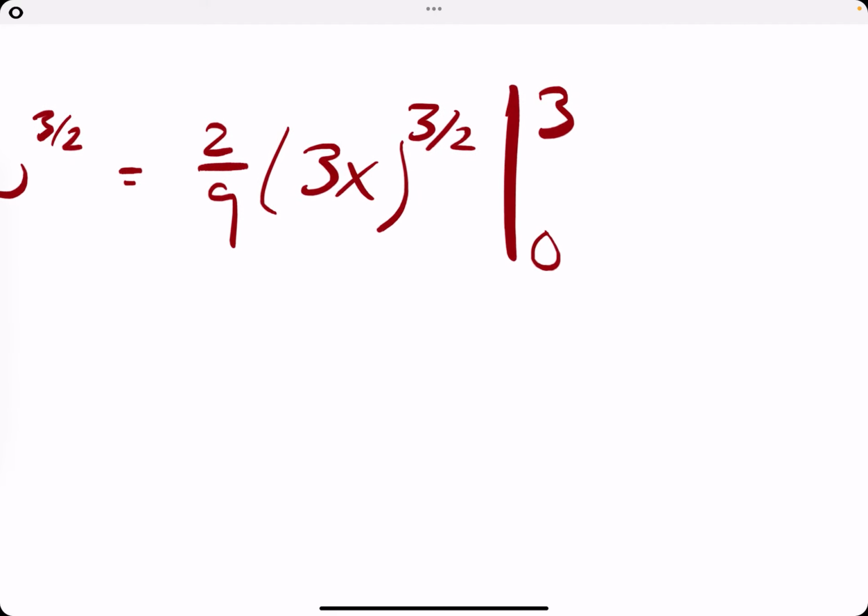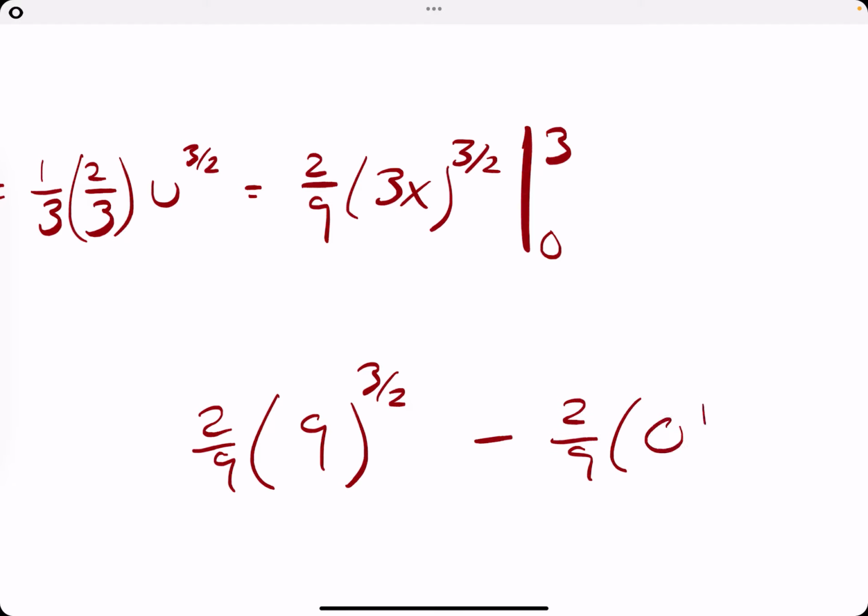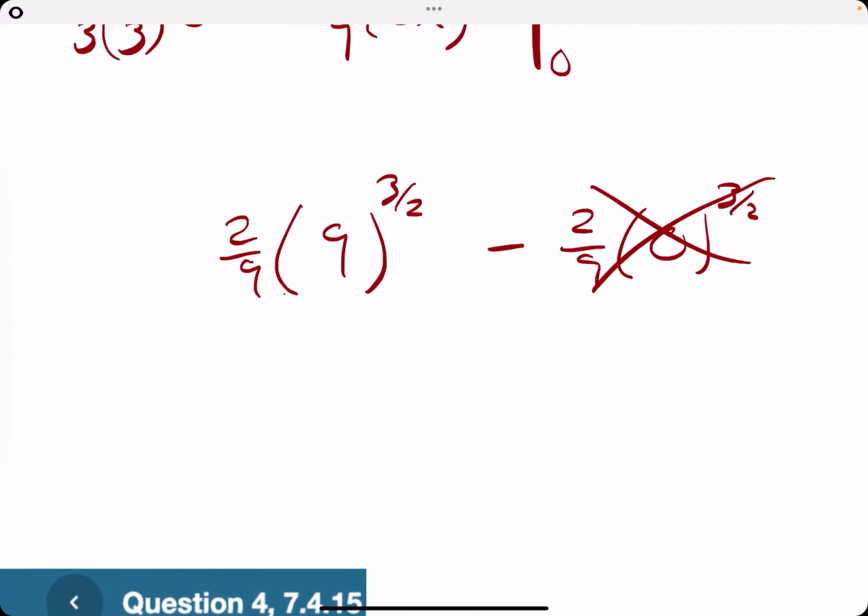I like x's. So plug in the 3, plug in the 0, subtract them. So 2/9, 3 times 3 is that 9, to the 3/2, minus 2/9 times 0 to the 3/2. This whole thing goes to 0. We're just focused on 2/9 times 9 to the 3/2. For 9 to the 3/2, we would take the square root with that 2 there.